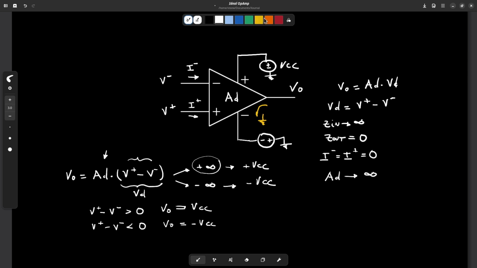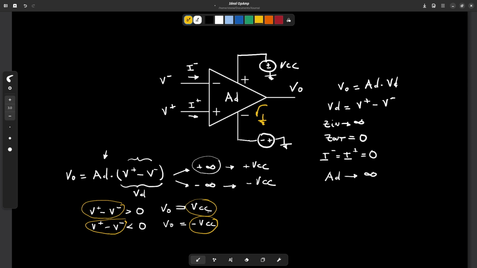If the positive terminal voltage is higher than the negative voltage, we have VCC at the output, and if V plus is lower than V minus, we will have this value at the output. This will be suitable for comparator purposes.